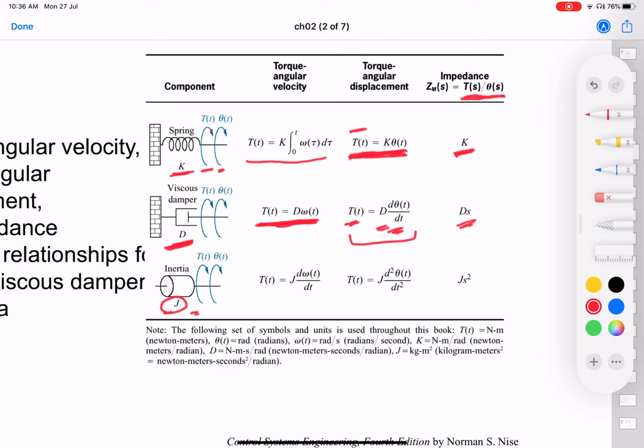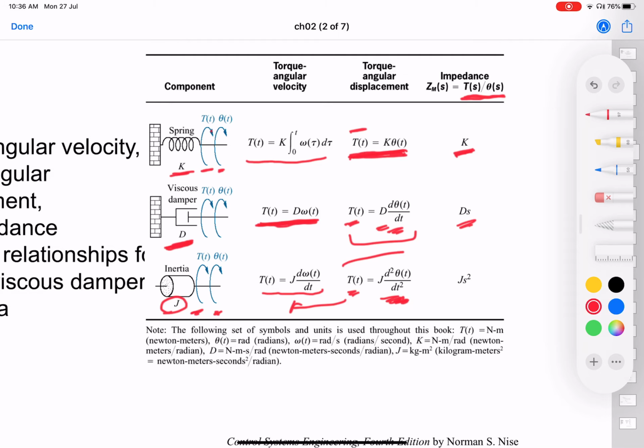If you apply a torque T and the resulting angular displacement is theta, then T of t is equal to J times angular acceleration, which is the equivalent of force is equal to mass into acceleration. So torque is equal to moment of inertia into angular acceleration. You can also write it as T of t is equal to J times d omega of t by dt if you want to write down the torque angular velocity relationship.